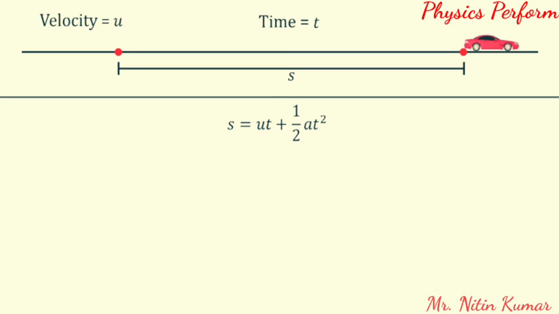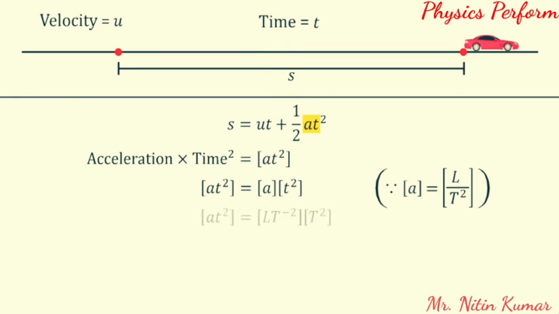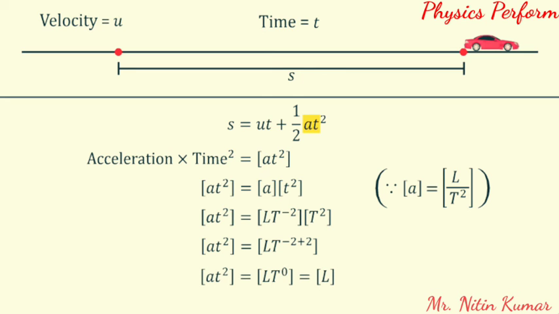The second term on the right-hand side of the equation is half at square. Half is a constant and thus does not have any dimensions. This term is the product of acceleration and time square. The dimensions of a are L T power minus 2 and that of t are T. Thus, the dimensions of at square are as shown.